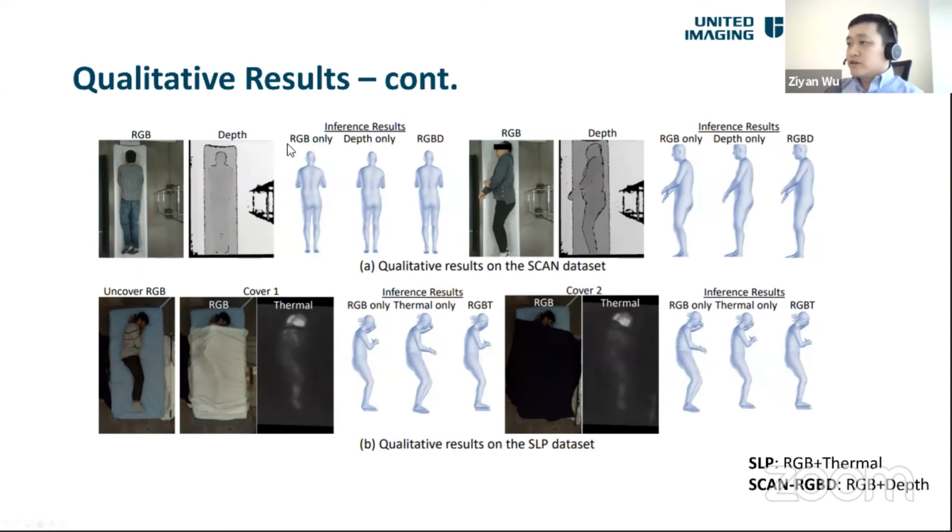As you can see here, when only RGB data is available, when only depth data is available, or when both RGB and depth data are available. Of course, when both modalities are available, the result is best, but you can see the degradation is quite minor when one of the modalities is missing.